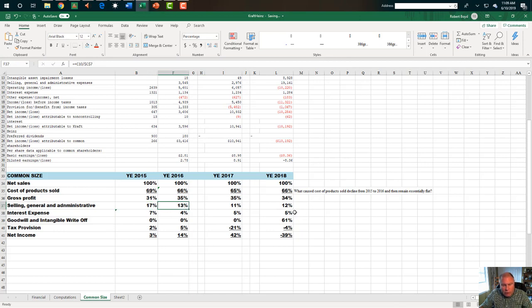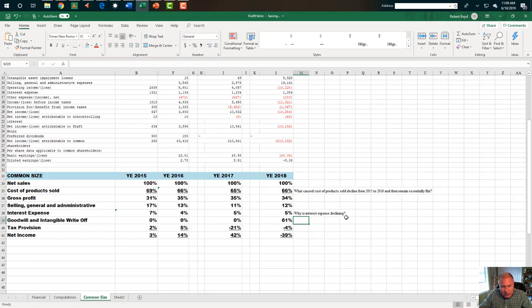Interest expense. Why is interest expense declining? Now remember, I already did the analysis of the capital, so I'm not sure why that would decline, so that's why I'm looking at it.